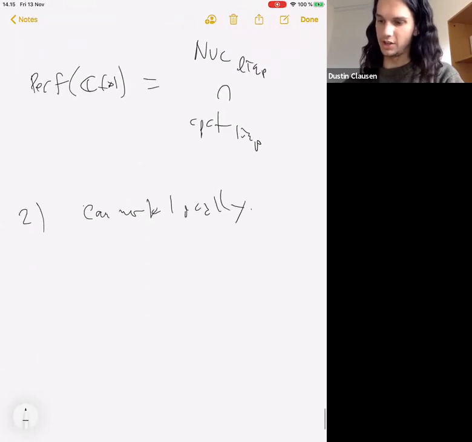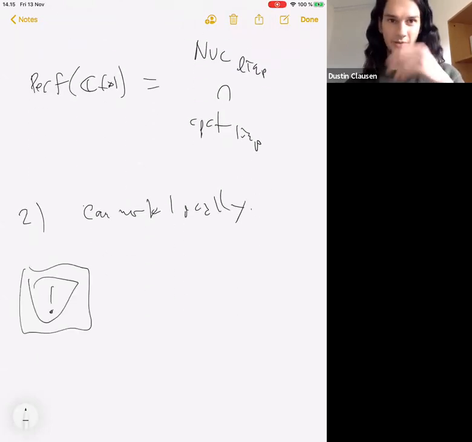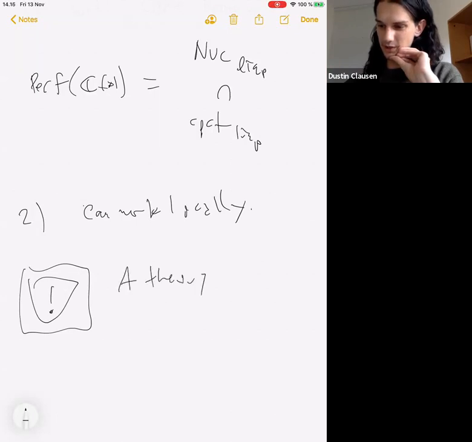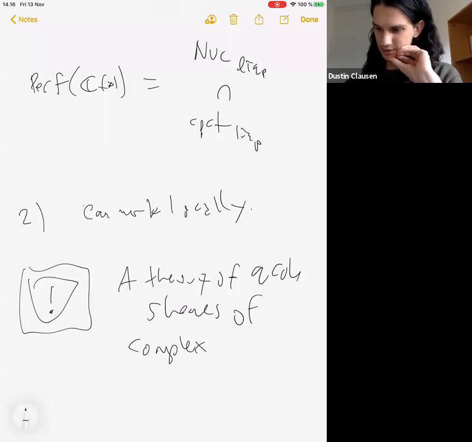But here I want to make a caution, and this will also relate to another reason why it's important to have this liquid framework or some other similar framework. You could imagine other possible frameworks where you can run this sort of argument, but at the very least, a theory of quasi-coherent sheaves on complex manifolds or complex analytic spaces has to be derived.